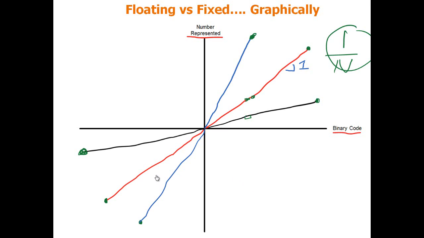Now, a floating point number, and I'm going to draw this with a highlighter. Actually, let me just grab this gray color here. It kind of looks like this. Sorry, this is hard for me to draw.